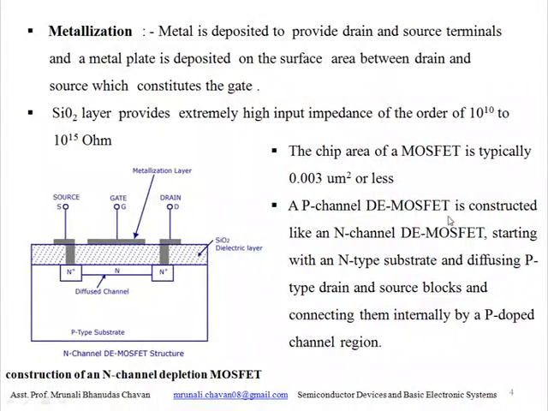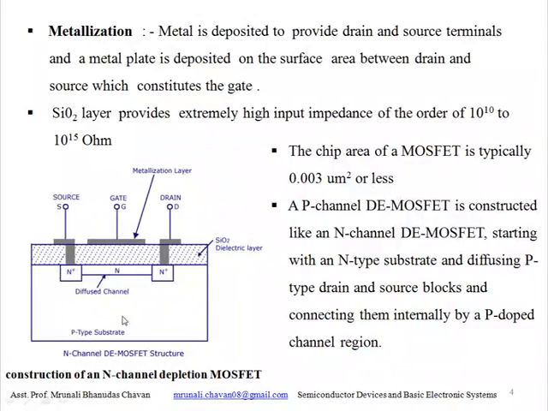A p-channel DE MOSFET is constructed like an n-channel DE MOSFET, starting with an n-type substrate and diffusing p-type drain and source blocks and connecting them internally by a p-doped channel region.